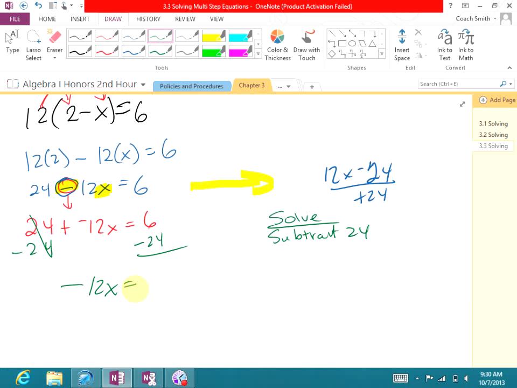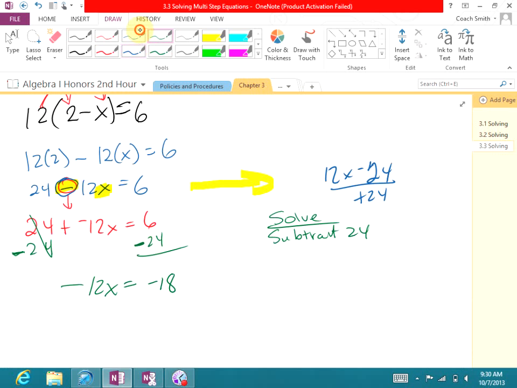What? Negative 18. Do what? That's a minus sign. Those are minus signs, not negative signs.